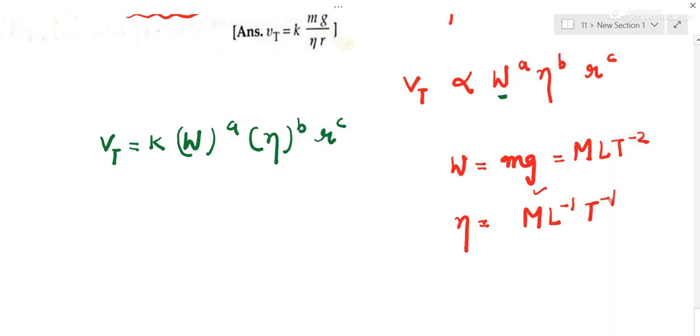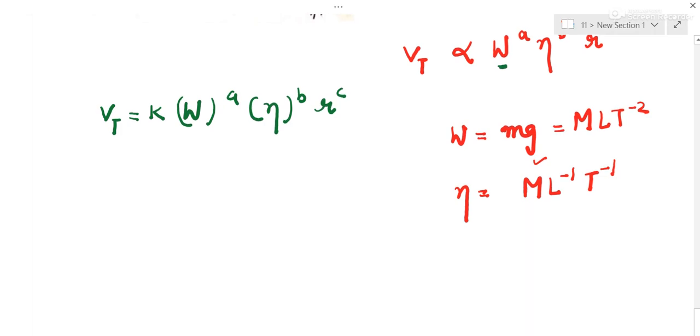If you remember, it's okay, otherwise you can find it out. And radius is length. Velocity is distance upon time, that is L T minus 1. So we'll write it as M0 L1 T minus 1.